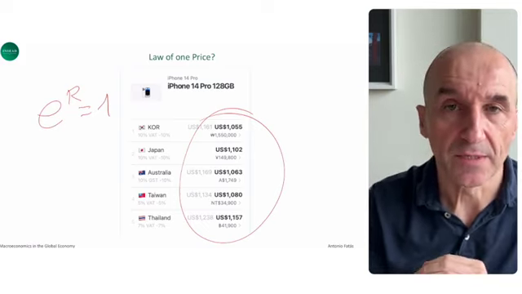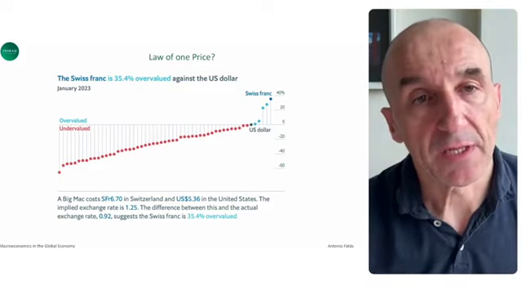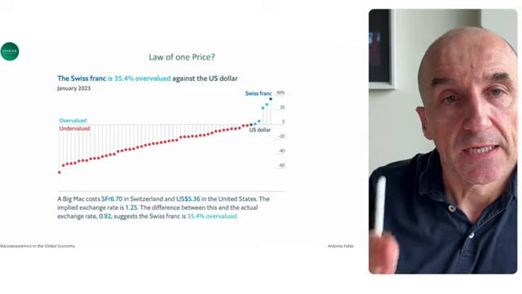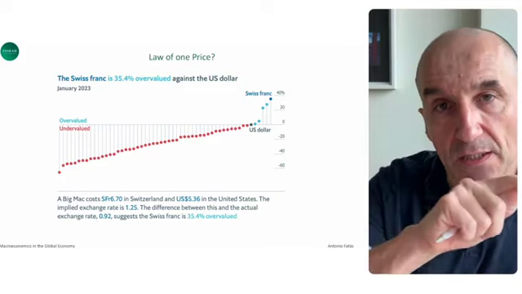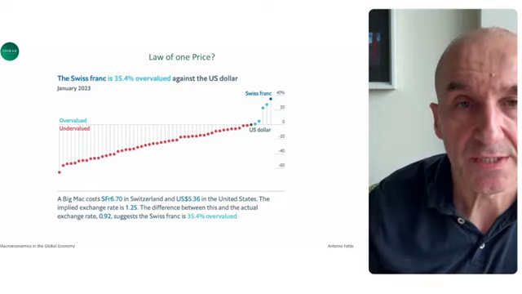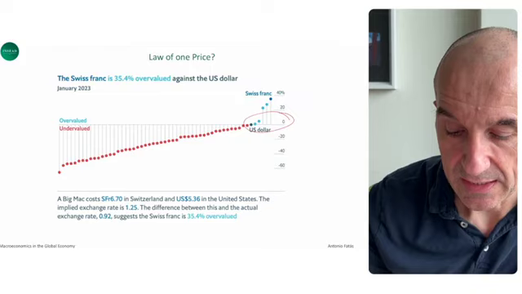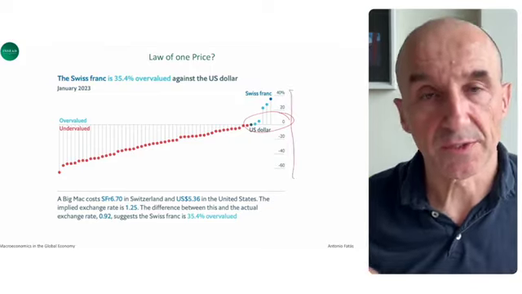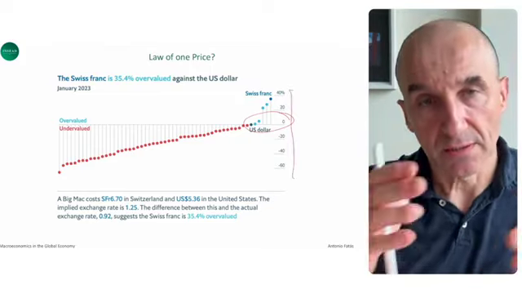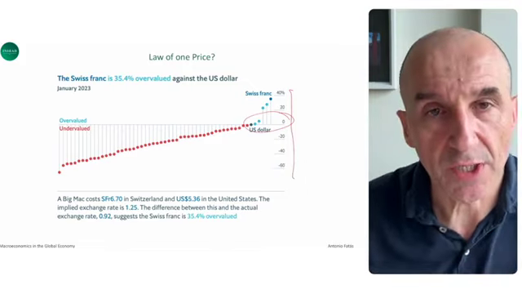So first pass, we look at a good like the iPhone, and it seems to fit our story, real exchange rate equal 1. Now let's look at a second price, which is now from a Big Mac, the hamburger that McDonald's sells. Now what you see here is lots of dots. All those are prices of Big Macs in different countries. The US is made the reference, so you see the US around 0, and then you have a range of prices which are either higher or lower than the US, the Big Mac in the US, that can range from a very high number to a very low number.